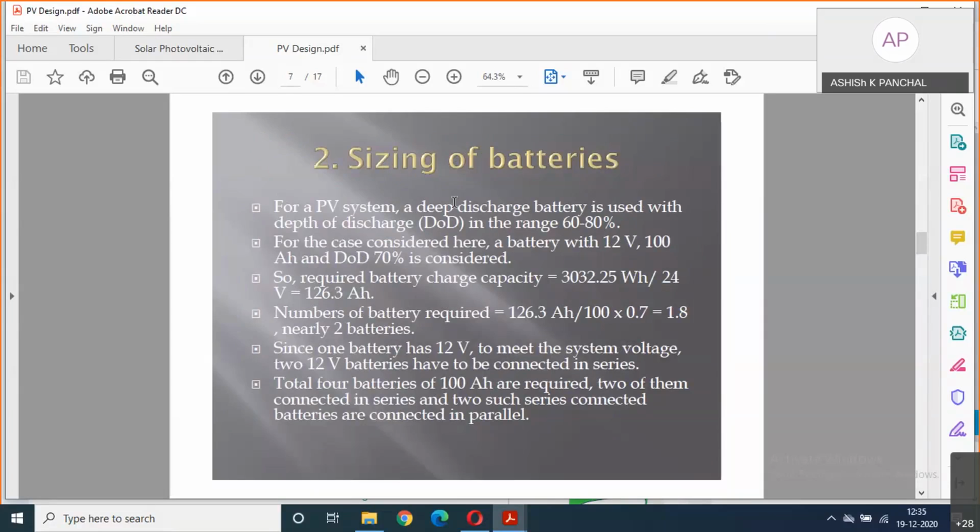The battery power is based on a chemical process. So what is the requirement? You cannot evacuate 100% power from the battery. It can give up to 60% or 70%, which means that 20% to 30% always remains in the battery.